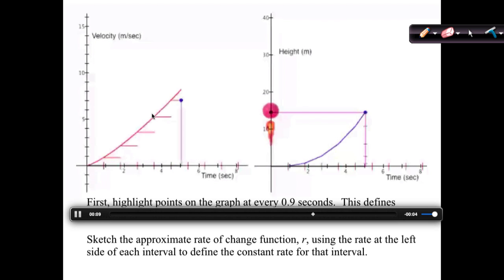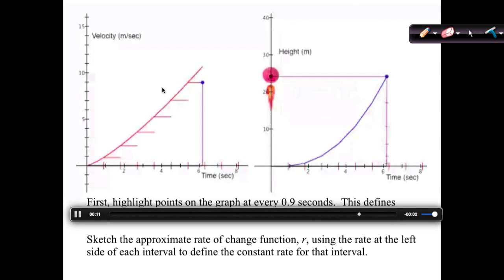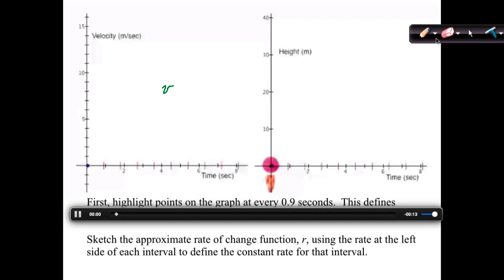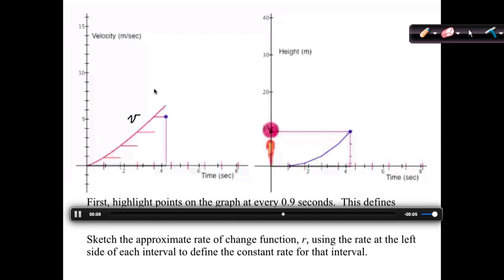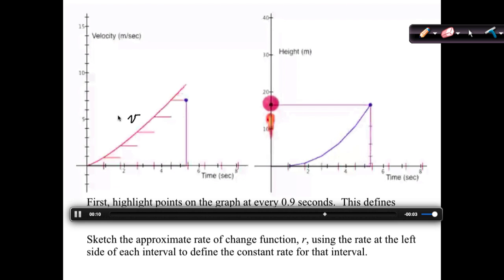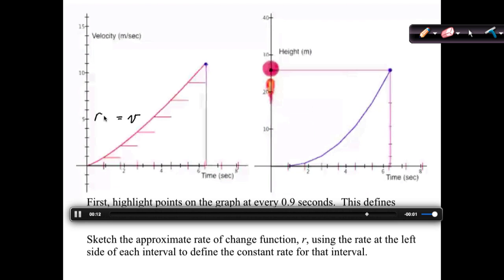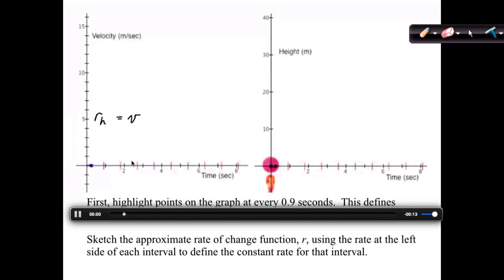That's the true rate of change. Maybe this is R sub h. And then I have a new rate function. That's approximate and made up of steps, constant rates.